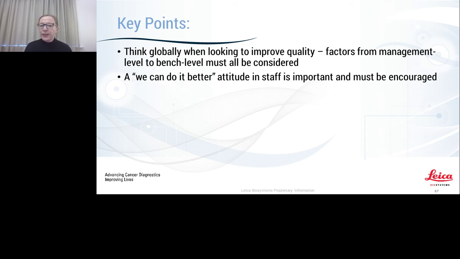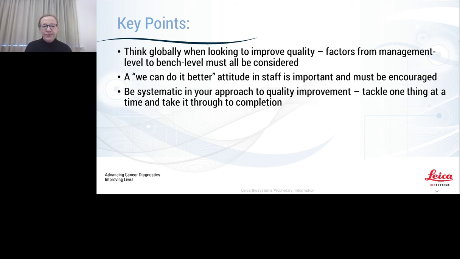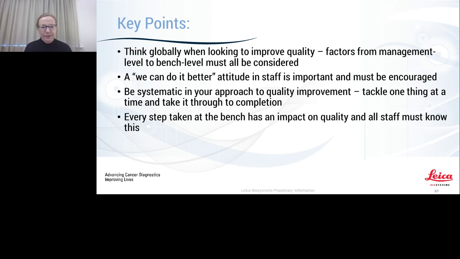I really encourage a 'we can do it better' attitude. Be systematic in your approach to quality improvement. Tackle one thing at a time and take it through to completion, but really give some thought as to where problems could be and what is consistent. Every step taken at the bench has an impact on quality, so all the staff must know.